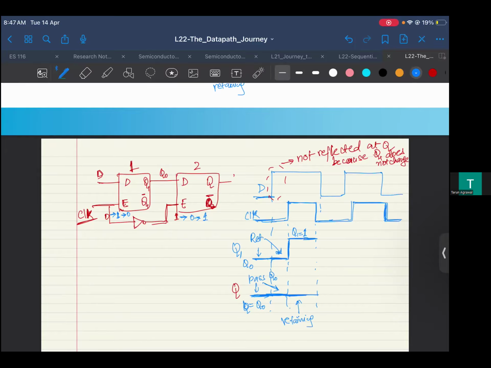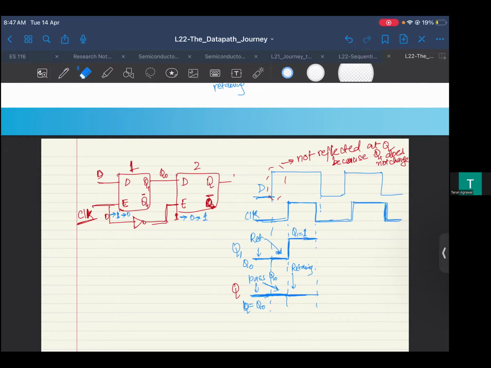When the clock became 1, Q1 became 1, but because the second latch is in the retaining state, it is not yet able to see what Q1 has changed. It has not yet seen it, because enable went to 0 there, so it is just in the retaining state.